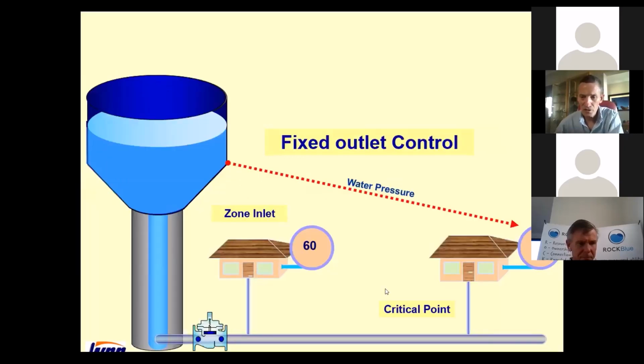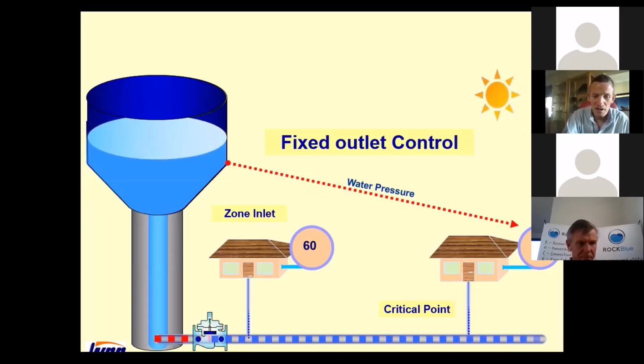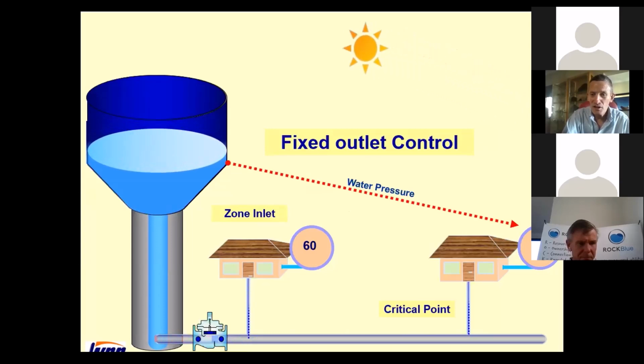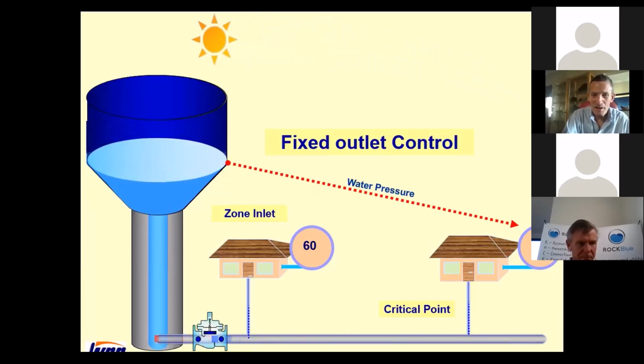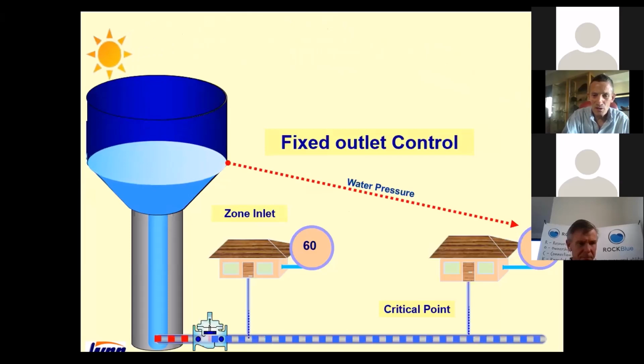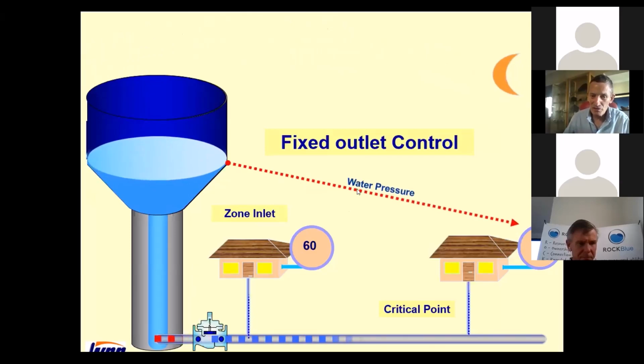We've managed to create a cartoon of this. Obviously, I should probably be working for Disney, but anyway. So basically, you've got a system here where you've got high pressure at the water tower. During the daytime, you can see the water pressure. The red line here represents the friction loss.